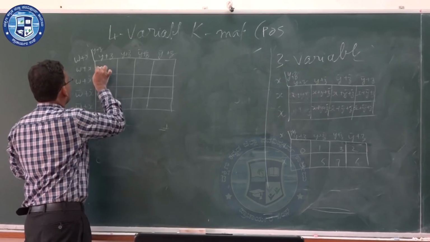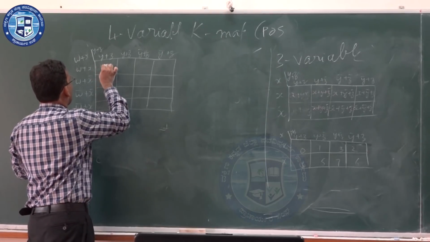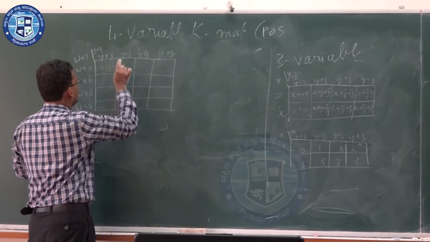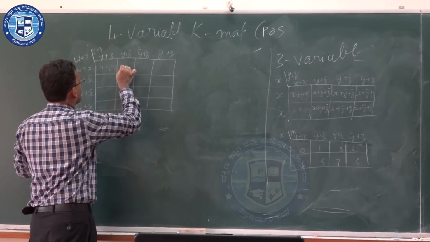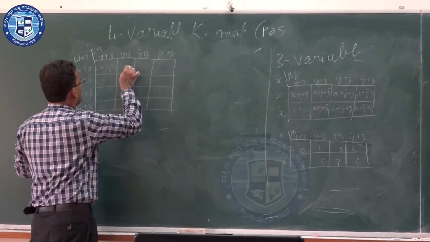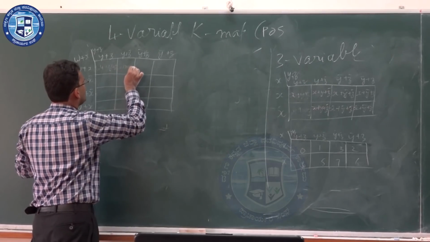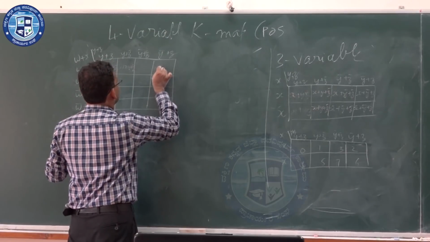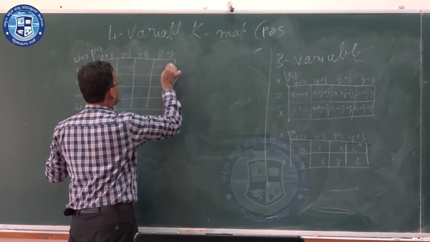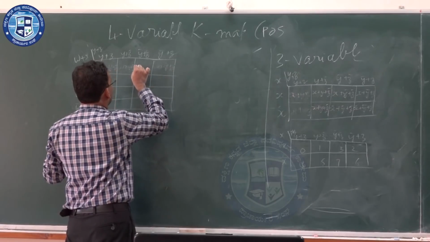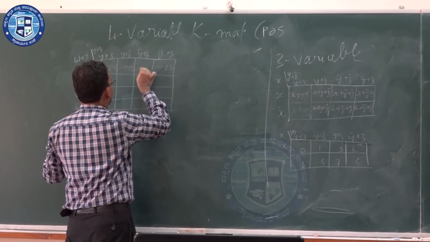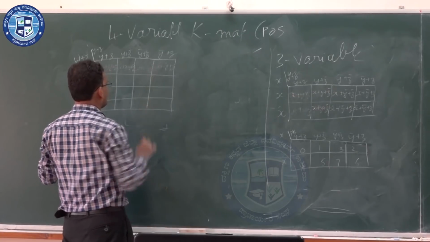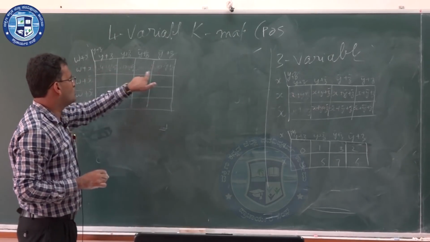So, it is w plus x plus y plus z, w plus x plus y plus z bar, w plus x plus y bar plus z, w plus x plus y bar plus z bar. 0 1 2 3.